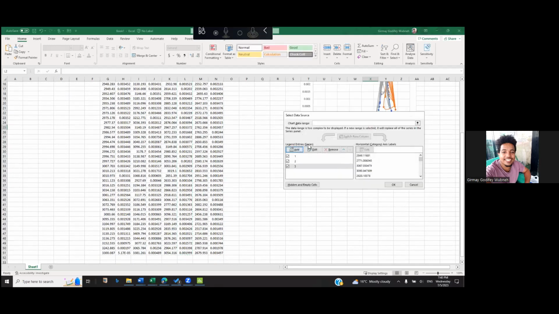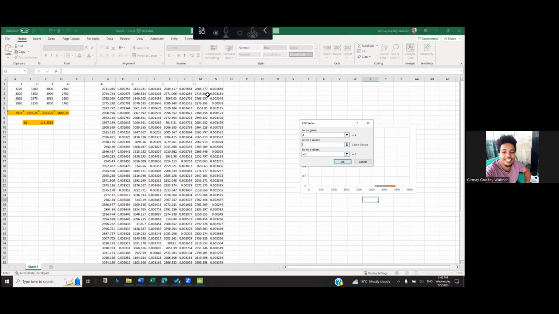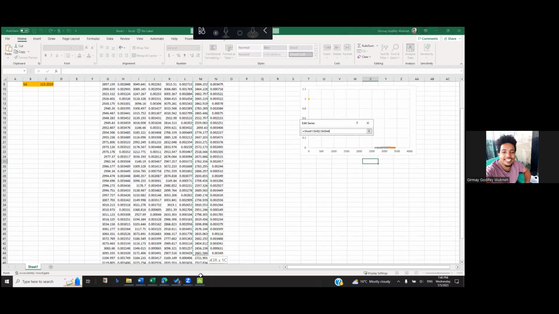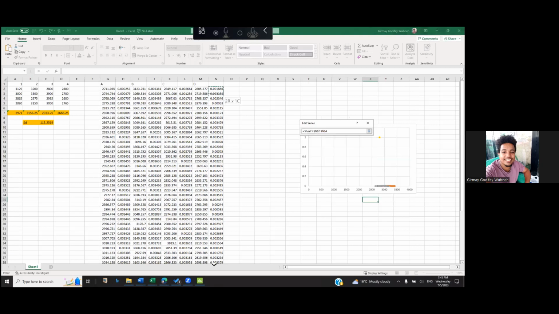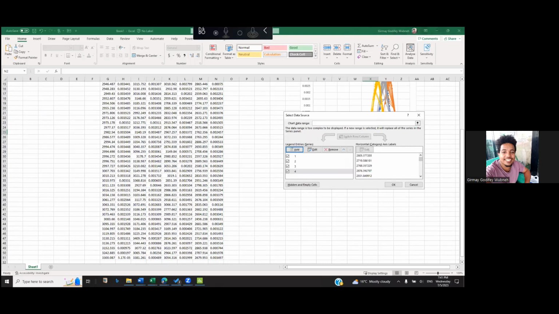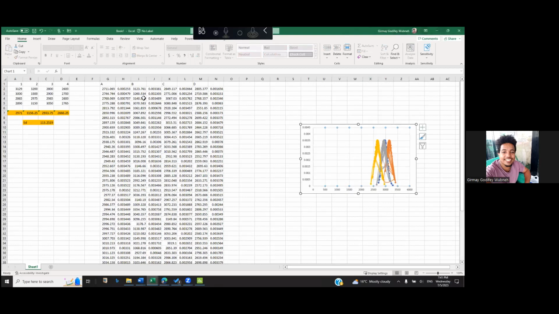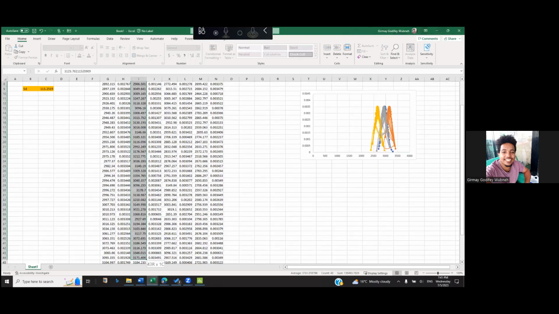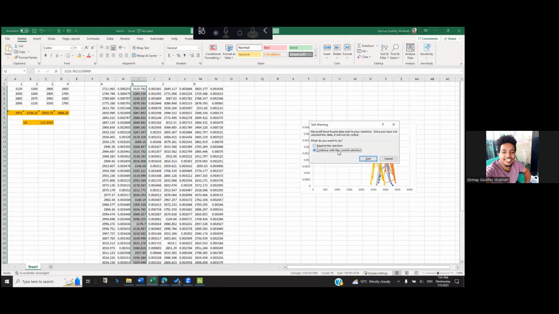Okay, finally mixing design 4. So the x-axis will be this one. Okay, so sort them all from smallest to largest.